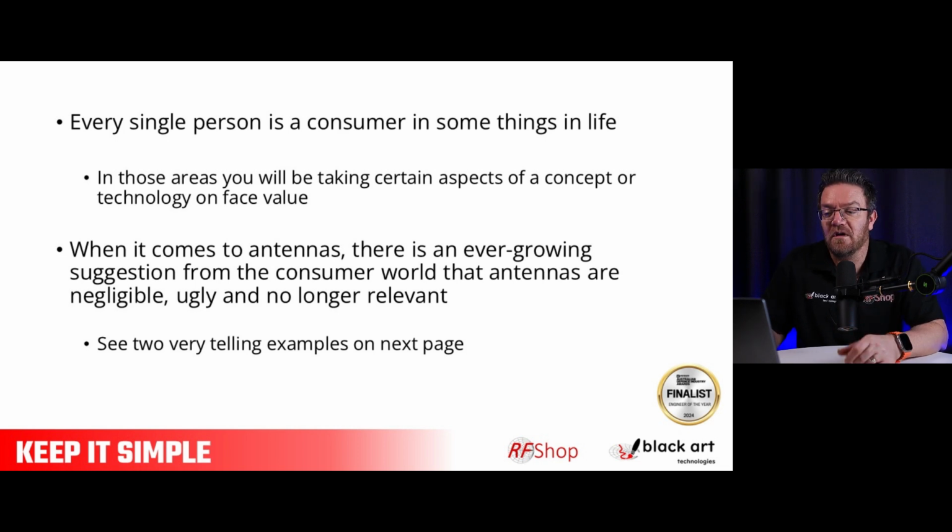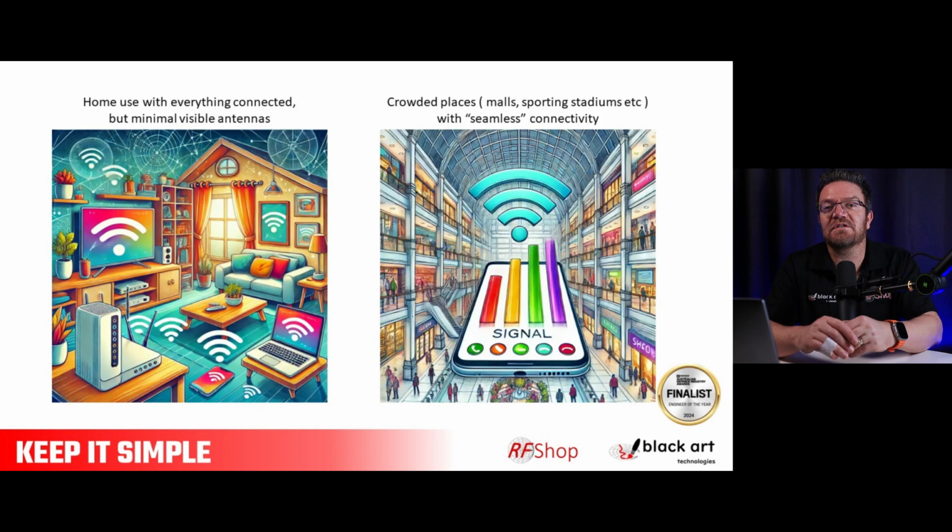That's something we do. Now, here's two examples just to show the way that things happen for us. First, on the left is a picture created in ChatGPT of a house. And if you look at all the connected devices, everything is connected some way or another to the other devices. TVs, laptops, phones, tablets, all connected to a router that maybe doesn't even have an antenna.